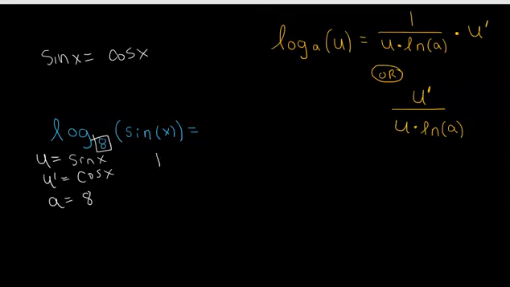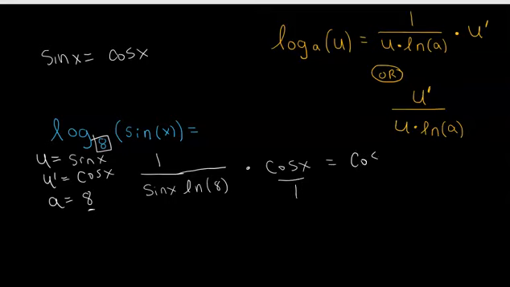Let's set it up. I have 1, then I have sine x in the denominator, ln 8, right? Whatever the letter a is, that is what goes inside. Then I have the derivative, which is cosine x. What does that make? It makes cosine x over sine x ln 8.